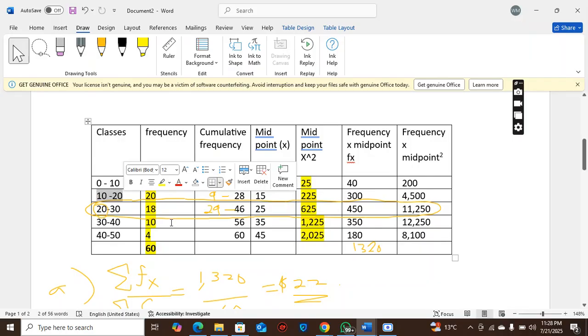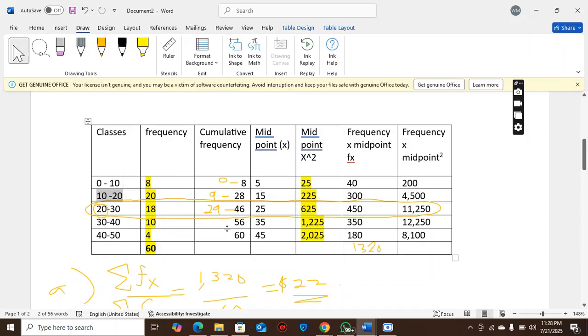But if the numbers don't repeat in different classes, can I show you that after this question so that you don't get confused? Basically, you just add the two numbers and divide by 2. If this wasn't a 20 here, it was another number, you would have added 20 plus this number, then divided by 2. That would be your lower limit.